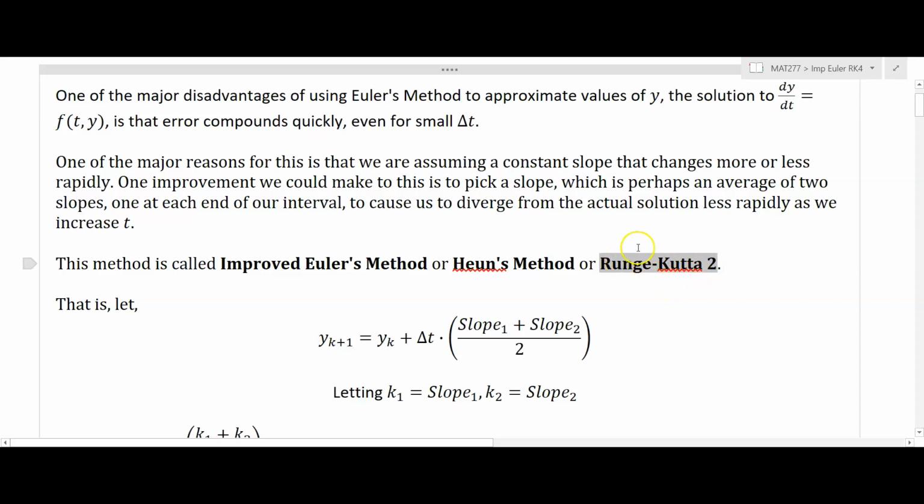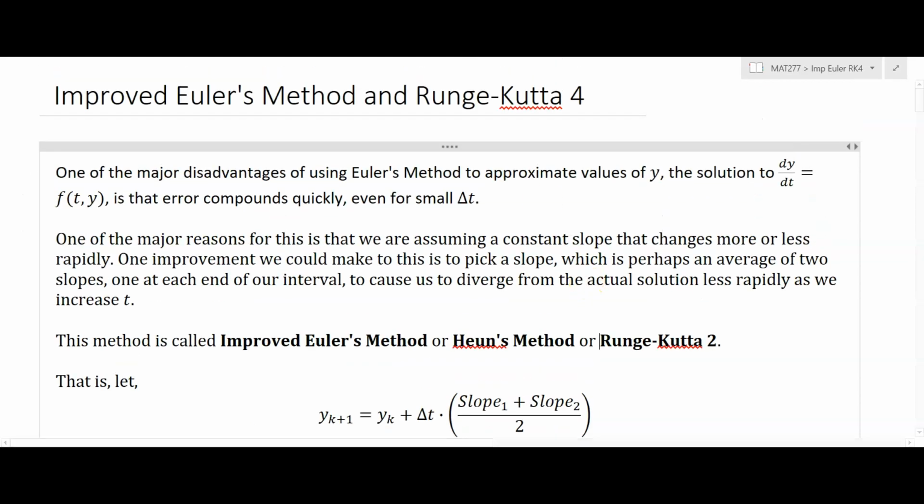Now, Runge and Kutta were two mathematicians who came up with what we'll study soon, which is Runge-Kutta 4, sort of the default numerical method that we will use for precision. Runge-Kutta 2 is just a name for it because in a moment we'll see that it uses two slopes.